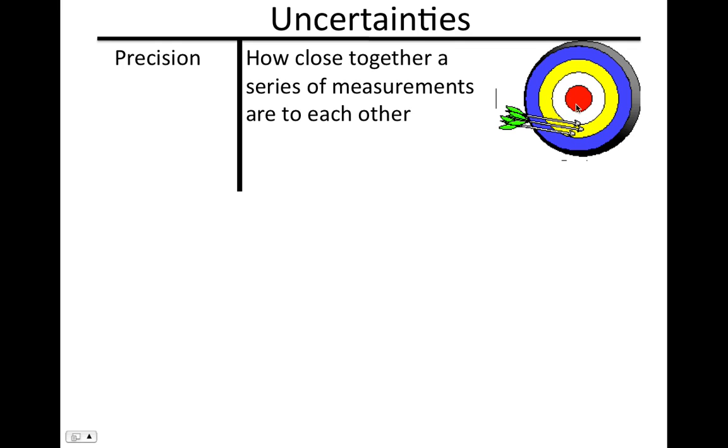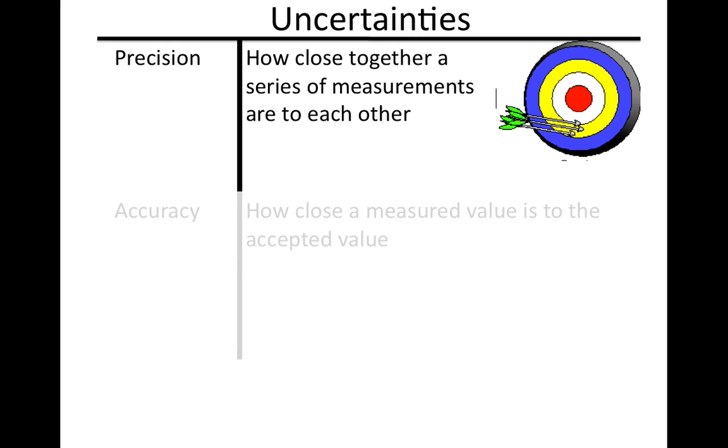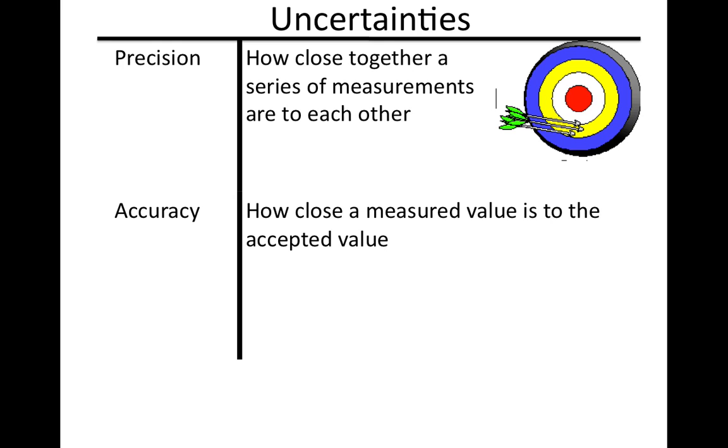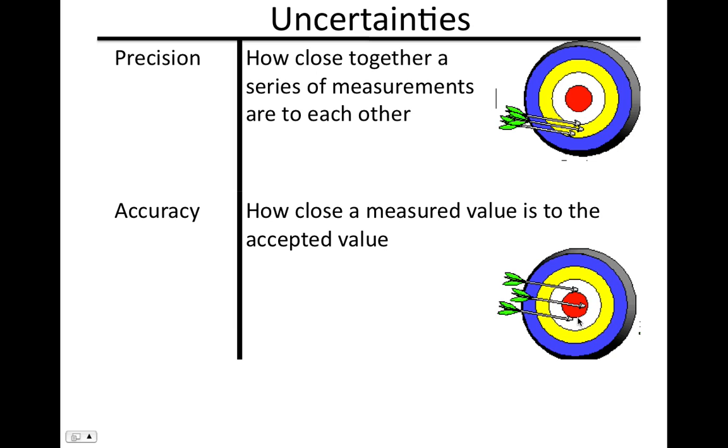However, they are nowhere near the actual mark of what you would like to hit on the board. For accuracy, accuracy merely says how close a measured value is to the accepted value, which is the bullseye on the board. However, you notice that your precision is not always there. So maybe your marks are a little off, but they are hitting the accepted value.